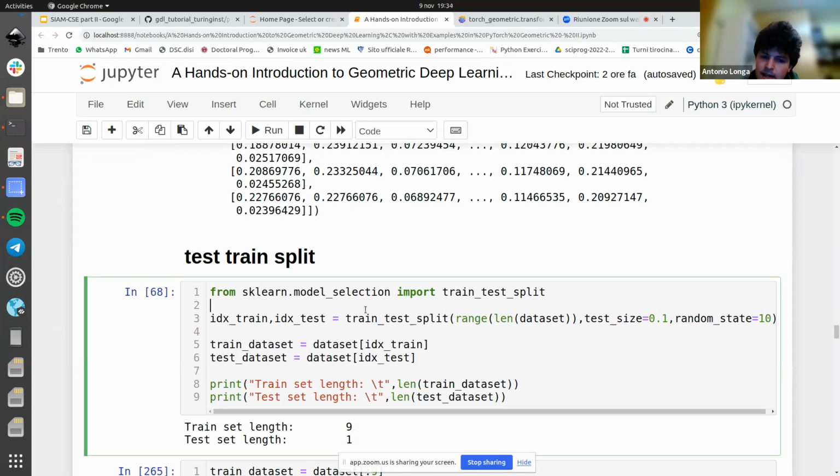Then we are going to build the train-test split. Do you remember that previously, in the first experiment, we used the train mask and the test mask, while then we used 90% of the graphs for training and the rest for test. In this case, we are going to use scikit-learn, the model selection module, to divide the train set and the test set.